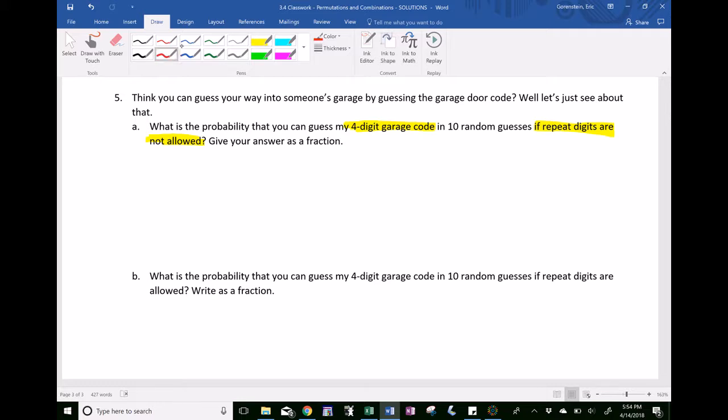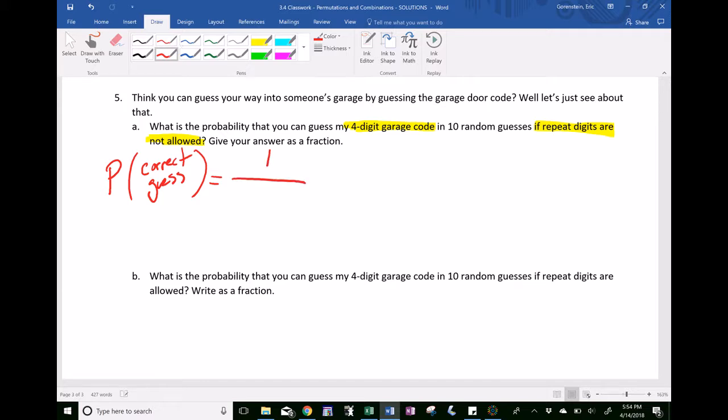So let's see, what is the probability of, let's say, a correct guess? Well, if you're guessing 4 digits, how many correct guesses are there? Well, you have to get all 4 digits correct in the right order, so there's only one way to guess right.